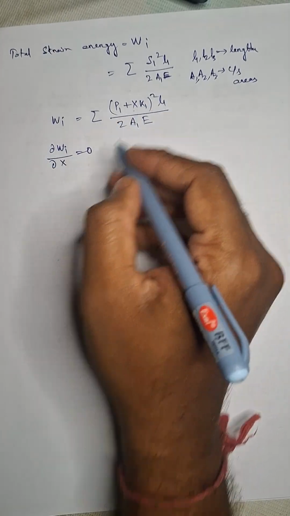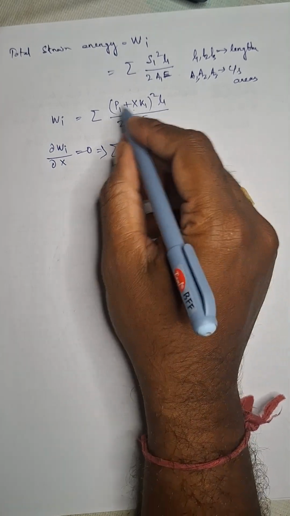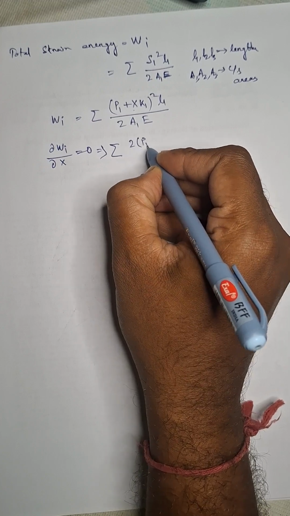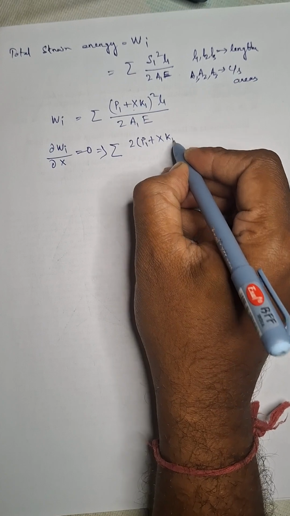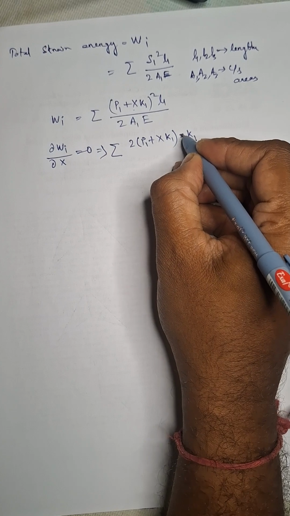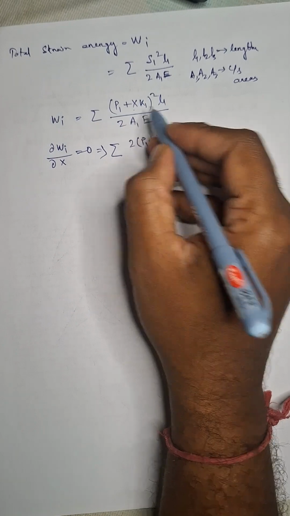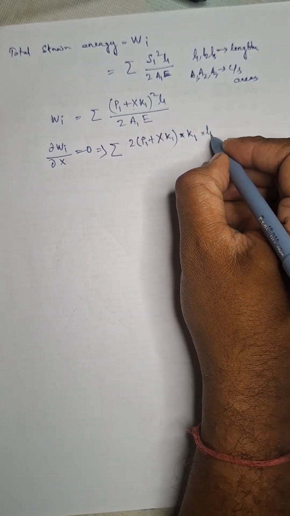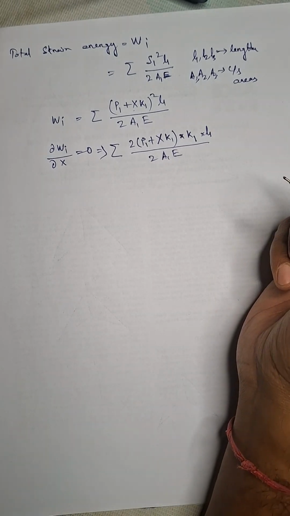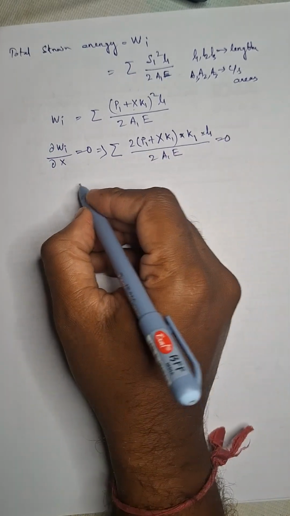So this term differentiated with respect to the unknown X is equal to 0. If I differentiate this term, how much will it come as? Summation will remain as summation. Differentiation of the square is 2 into (P1 plus X into K1), into K1, which is the differentiation of this term, into L1 divided by 2A1 into E. If we simplify this, we get it equal to 0.